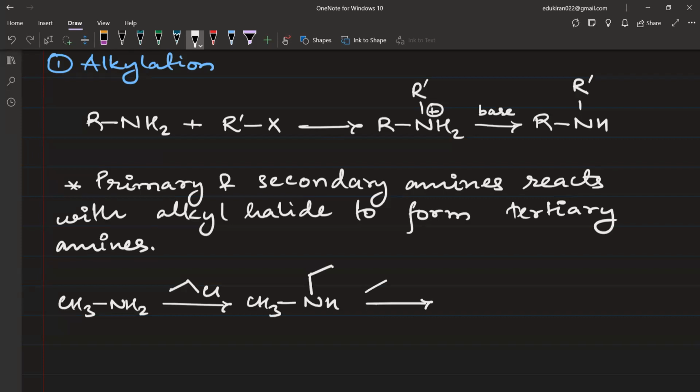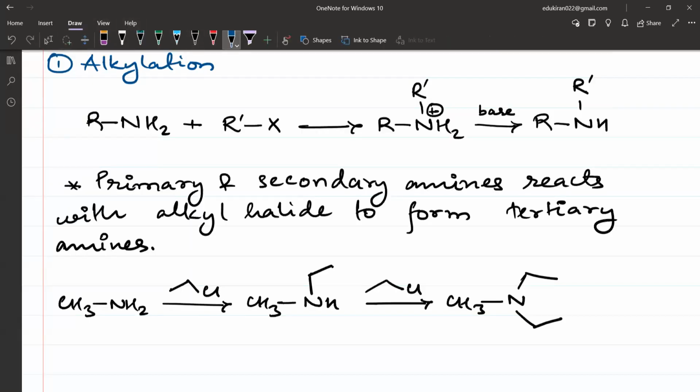Then further reaction will happen with chloroethane. We will get CH3 nitrogen, 2 carbon atoms like this, 2 carbon atoms like this. Okay, so in this case, these and these groups are coming from the alkyl halide, the haloalkane. So this is the alkylation. We are adding an alkyl group on the nitrogen atom.